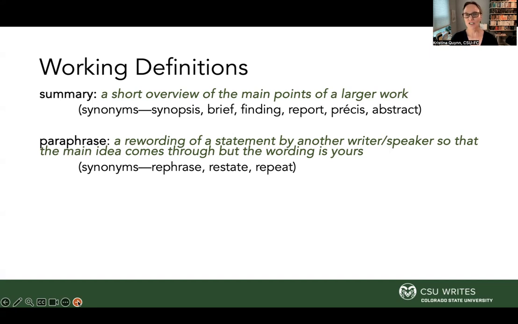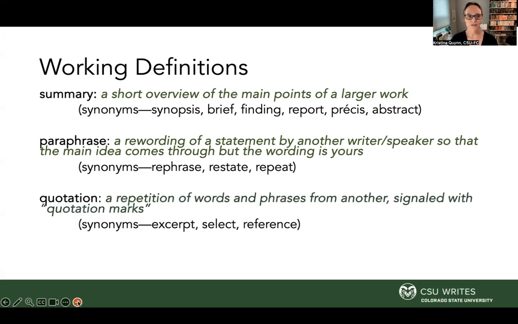If there's a chance that you will misrepresent the main idea or the point someone made by paraphrasing, then just make sure that you quote. It's better to quote and have it be clear and accurate than to risk paraphrasing and then represent inaccurately.